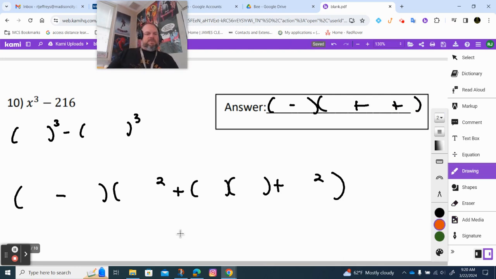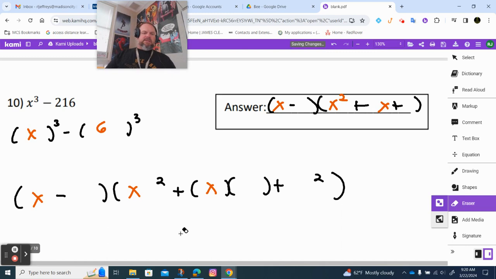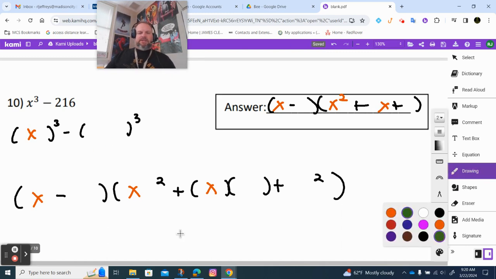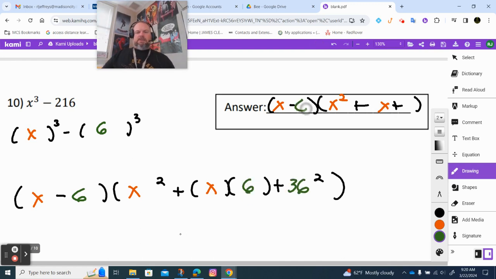All right, so my A term is x squared. My B term is 6 because the cube root of 216 is 6. And 36.